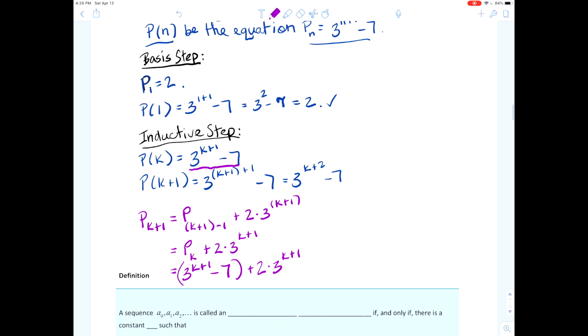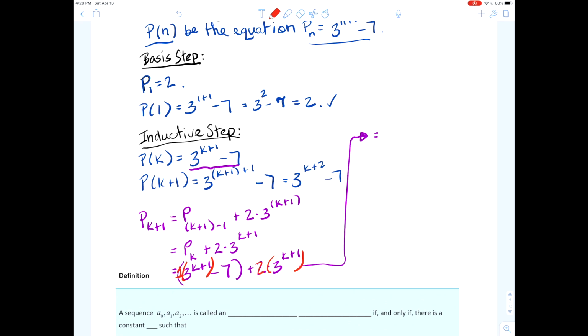But notice that we have a common factor of 3 to the k plus 1, don't we? So this is going to give us, so do you notice here I have one of those 3 to the k plus 1s, right? And here I have 2 of them. And they're going to be like terms, aren't they?